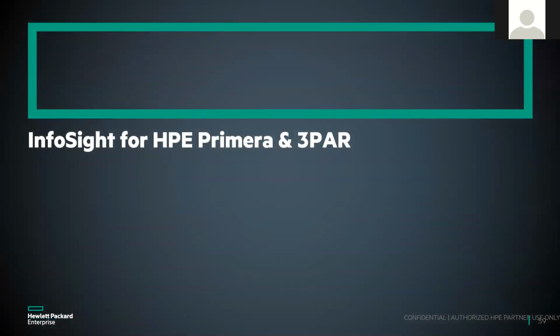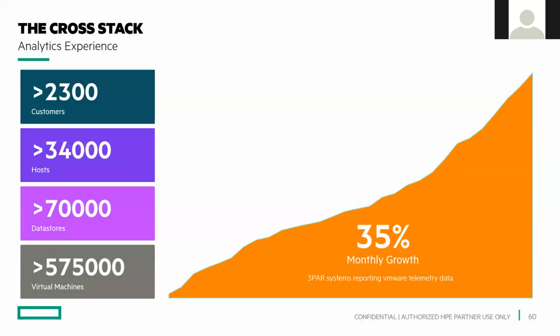Now, like I said, 6 months after the acquisition of Nimble, HPE already added InfoSight on 3PAR, and now with Primera as well. From day one, when you install Primera, you need to create that connection with InfoSight. And even there already, take a look at those numbers. By the way, these are the last numbers that I found from somewhere in the last half of 2020. But today, we even have more 3PAR systems sending that telemetry data.